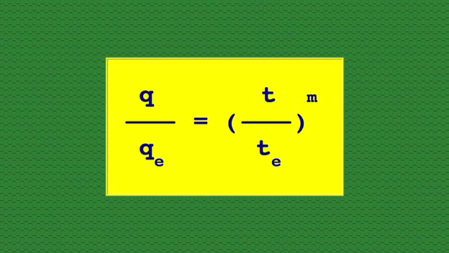Which leads to this equation, applicable only on the rising limb, that is, for T less than or equal to T sub E. Otherwise, the flow would exceed the equilibrium value, which is clearly impossible.